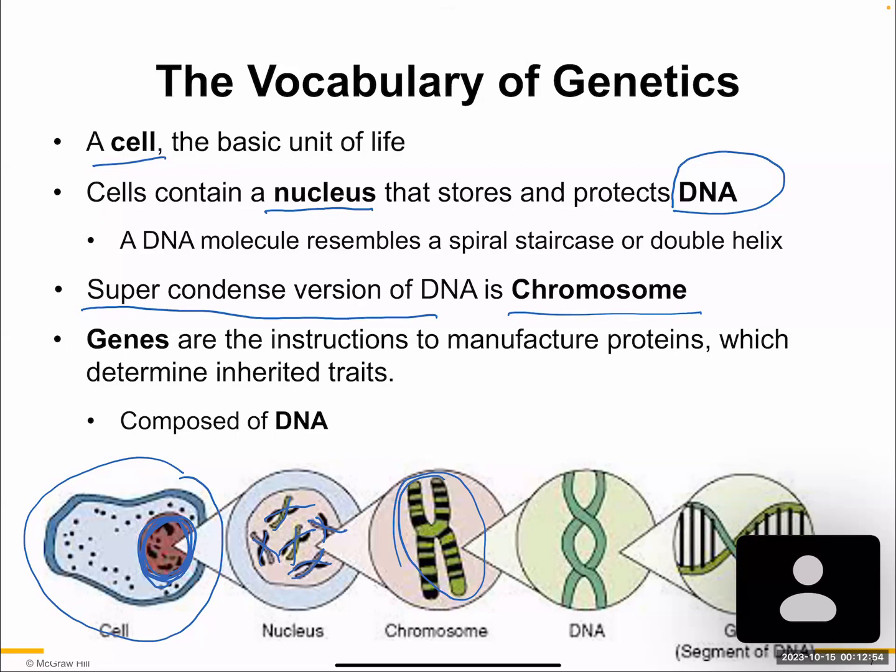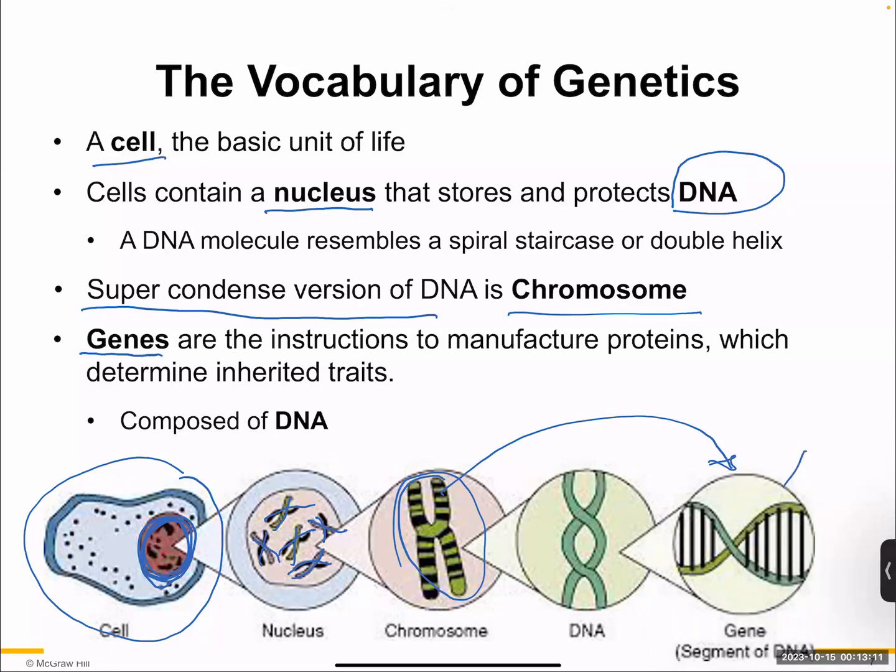Now, if I look into the chromosome and break it down, chromosomes are broken down into little segments, and each of these segments is referred to as a gene. Basically, a gene, which is the image you have down here, is an instructional manual for your cell to synthesize proteins.